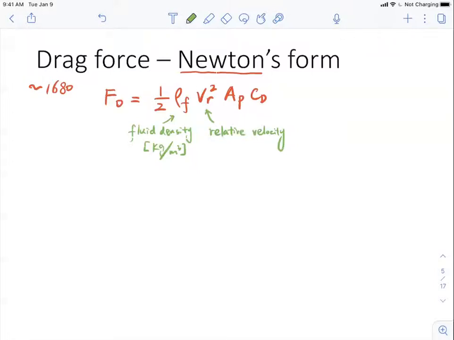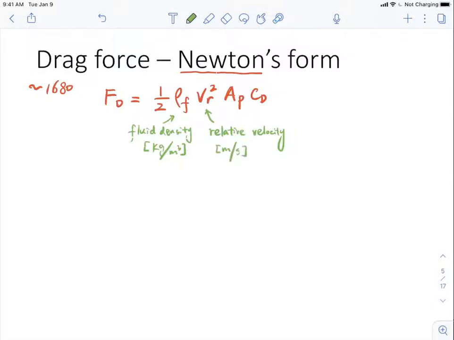So basically, if the fluid and the particle move at the same speed, then V_R is equal to 0, right? For example, if we have a wind that's blowing at a speed of 1 meter per second, and we're running at 1 meter per second in the same direction, then there's no drag force because the wind is not stopping us. So this is the relative velocity and has a unit of meter per second.